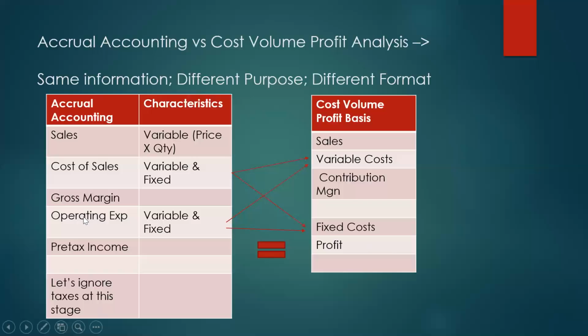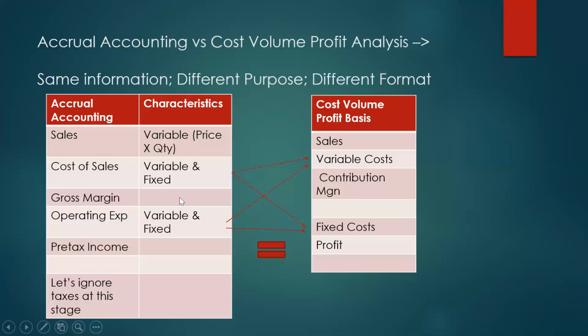Operating expenses under accrual accounting have a variable and fixed component to it. Sales salaries: you usually pay salesmen a base salary, which is substandard living, and then they get commissions based on how much they actually sell. So the commission part would be variable, and their draw would be fixed.